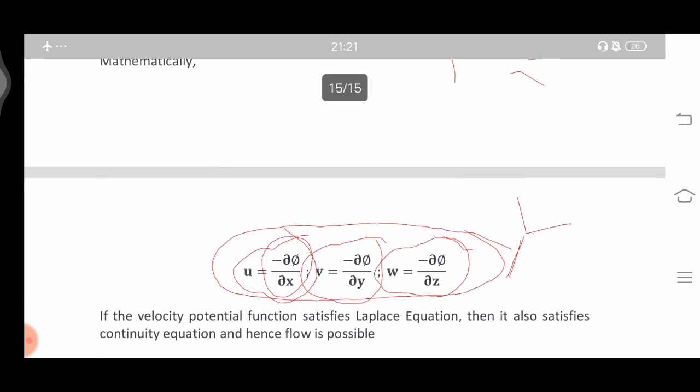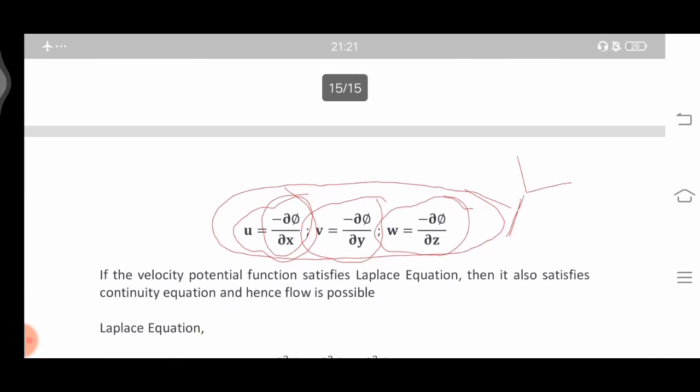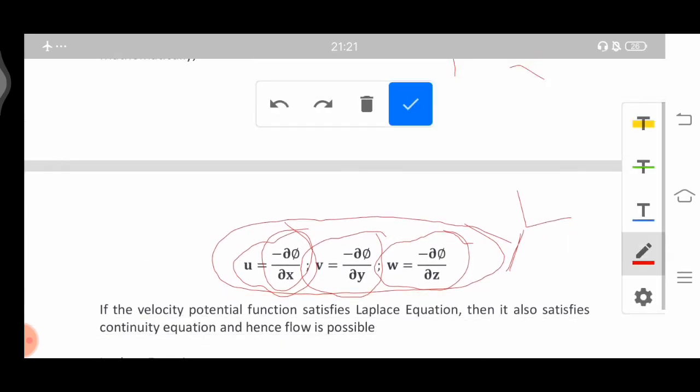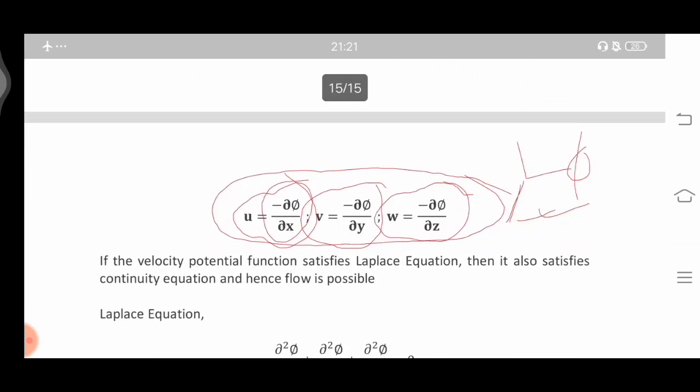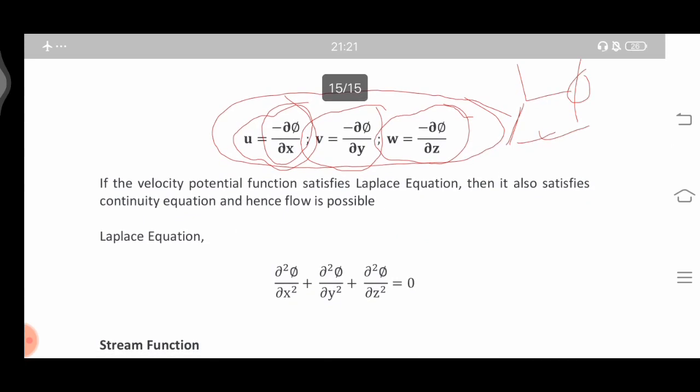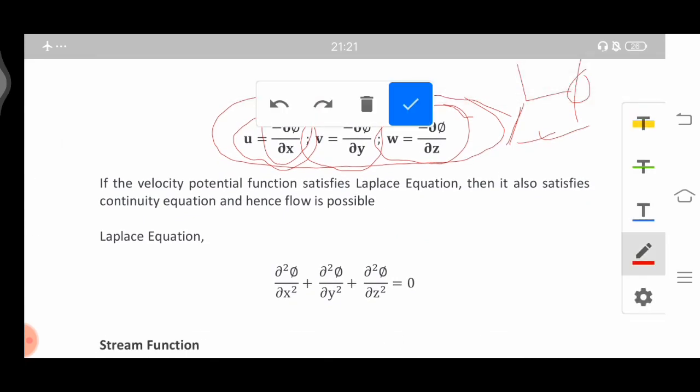This way we can obtain the three components of velocity if we are given a particular function, and if we are able to find it in this way, we can say that the function phi is the velocity potential function. If the velocity potential function satisfies the Laplace equation, then it also satisfies the continuity equation, and hence the flow is possible.